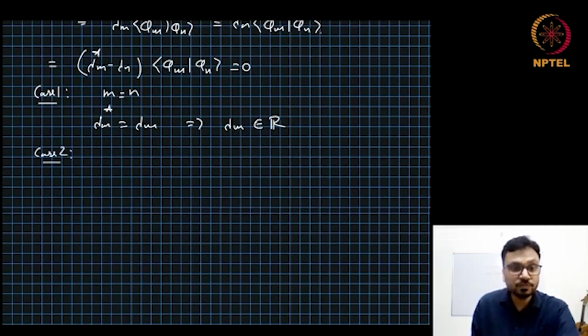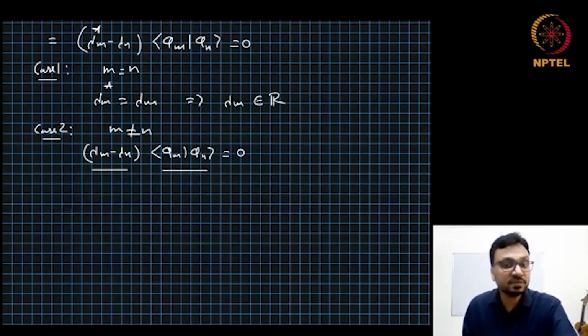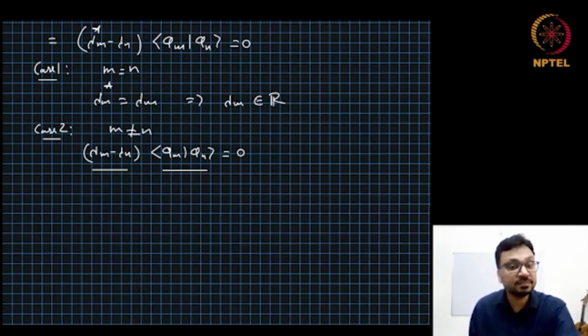So case 2, when m is not equal to n, we can rewrite this equation as lambda m minus lambda n, since all of them are real, we don't need to keep the complex conjugate, phi m phi n equal to 0. So this is a scalar, this is a scalar, and the product of the two scalars is 0 if and only if at least one of them is 0.